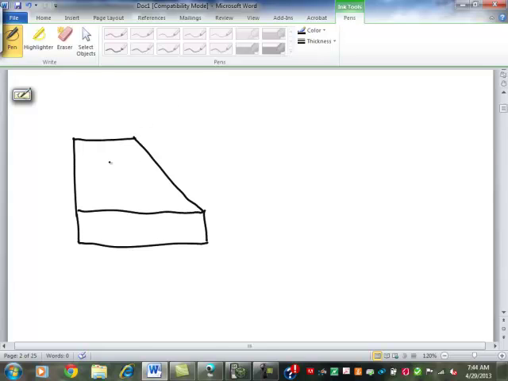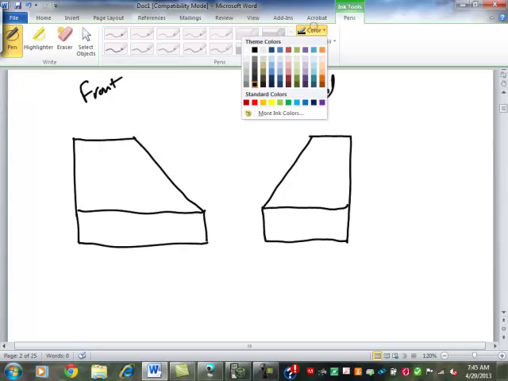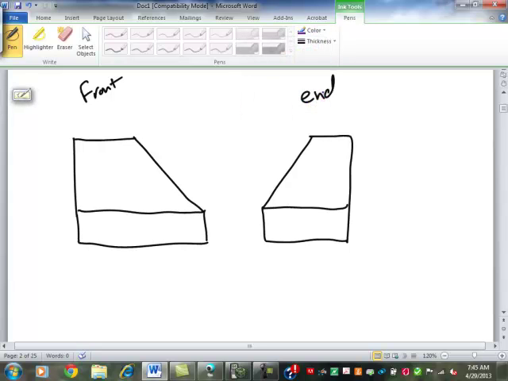So if we're looking at this from the one side, and this from the end, think of this as being a front and a right end view. Maybe we're given that this here is, let's go with millimeters instead of centimeters to make it easier on us.